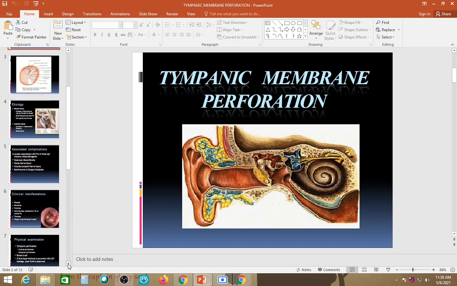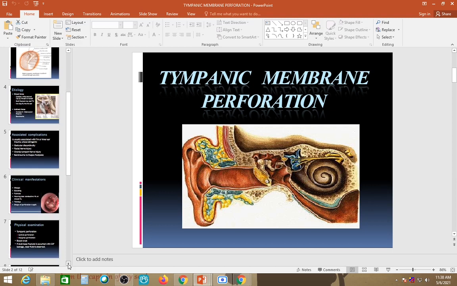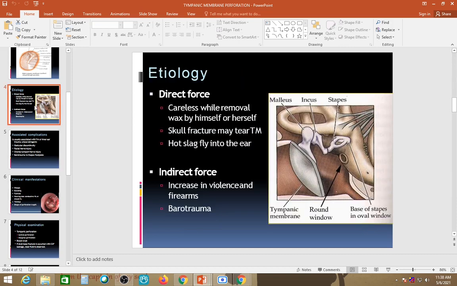Roll number 3. Ma'am, indirect force, if you are careless while removing the wax. Indirect force is what? What are we talking about? Direct force means when you are trying to take out the wax, being careless while removing the wax by yourself. Direct force also means maybe skull fracture, maybe injury.